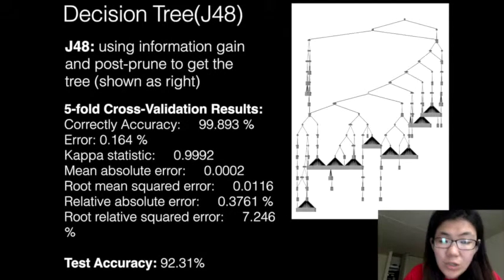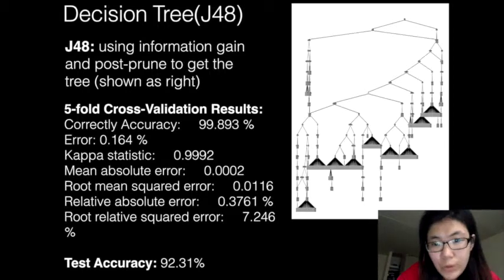And the test accuracy, as you can see, is 74.33%. Next, in order to improve the model, I tried other models. Decision tree is one of the models that clearly outperformed naive Bayes. For the decision tree, I use the J48 algorithm to train the tree.